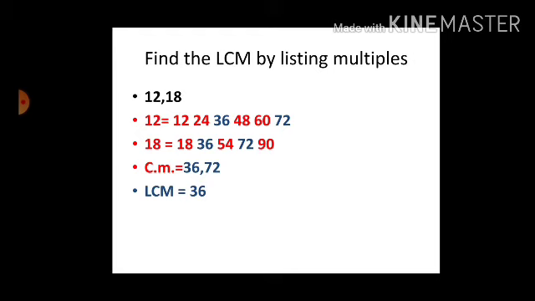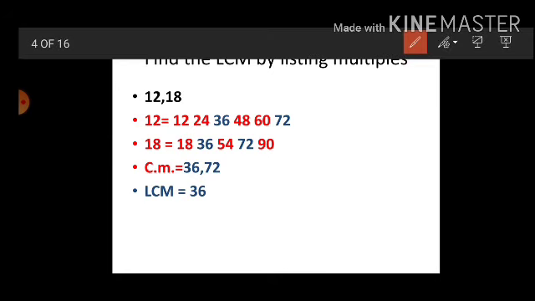Now first we will write the multiples of 12. 12 ones are 12, 12 twos are 24, 12 threes are 36, 12 fours are 48, 12 fives are 60, 12 sixes are 72. Now 18 multiples. 18 ones are 18, 18 twos are 36, 18 threes are 54, 18 fours are 72 and 18 fives are 90. Now we take out the common multiples.